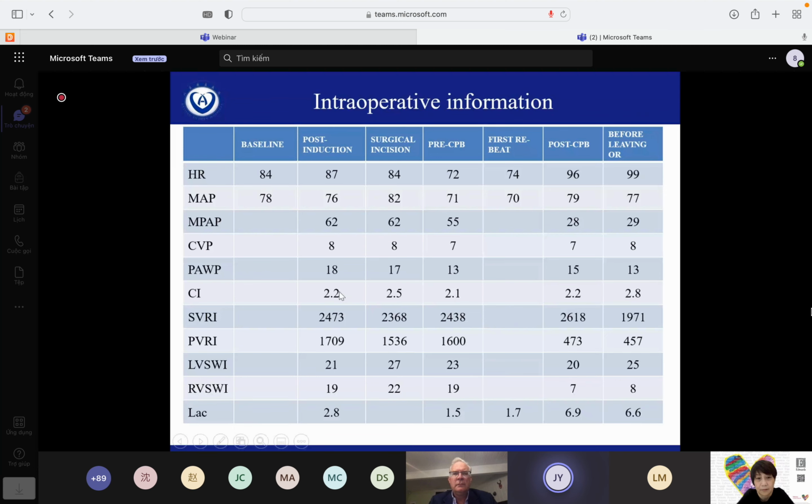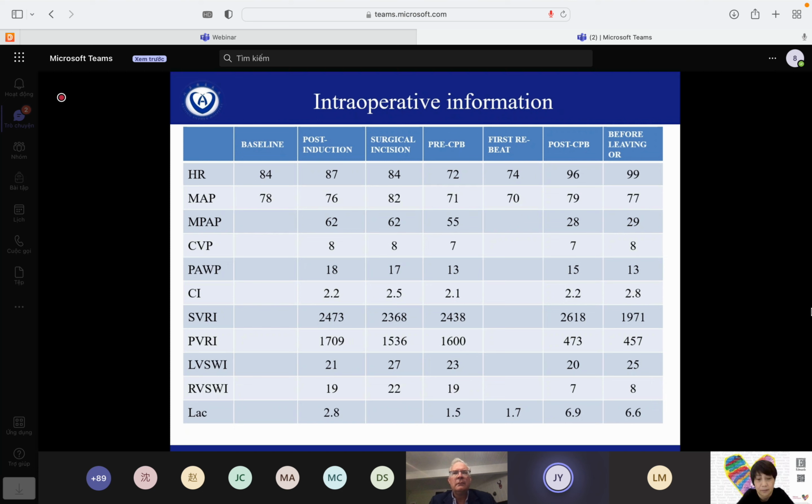The patient had a relatively normal SVRI. However, the PVRI was relatively high during the operation, but our goal is to reduce this value. We need to maintain the LVSWI at a lower level because the patient suffered from high cardiac output heart failure.